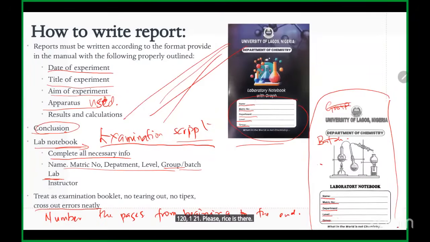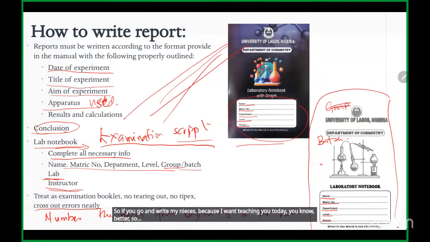Then write the name of your instructor, the lecturer that will be handling you on that day. I'm the coordinator of the course, but I don't have to be your instructor. So don't just go and write my name; you are the one that would find out your instructor. Like I said, there are going to be about 6 of us. Write the name of your instructor.